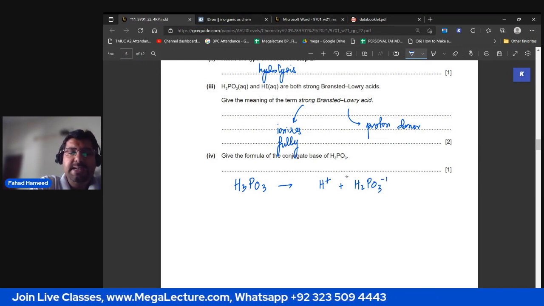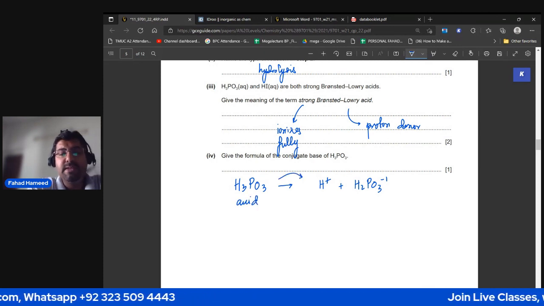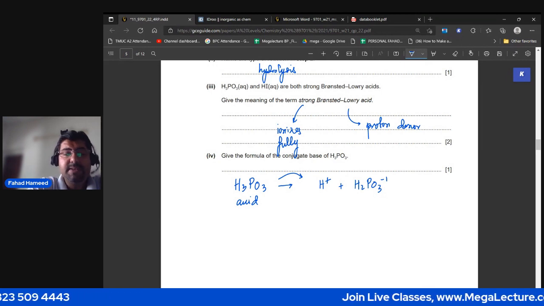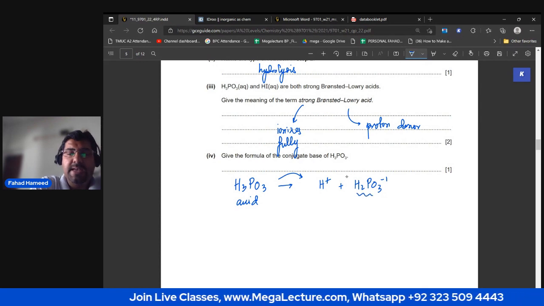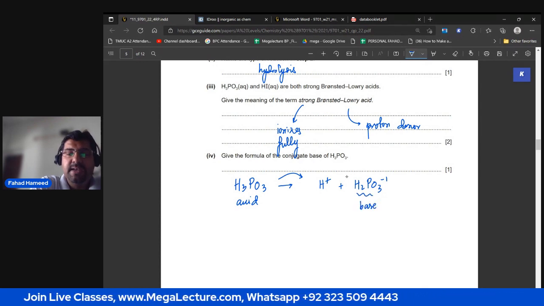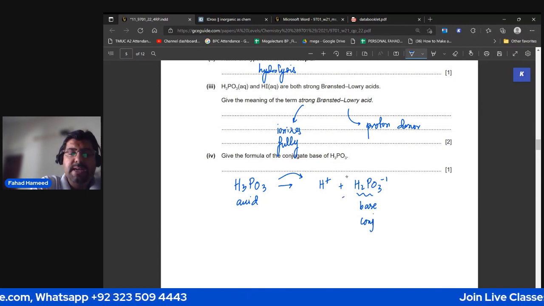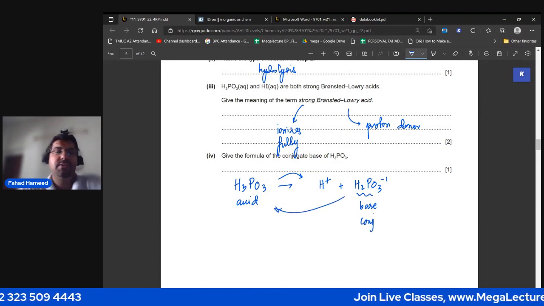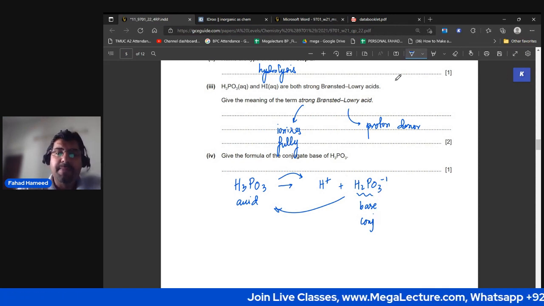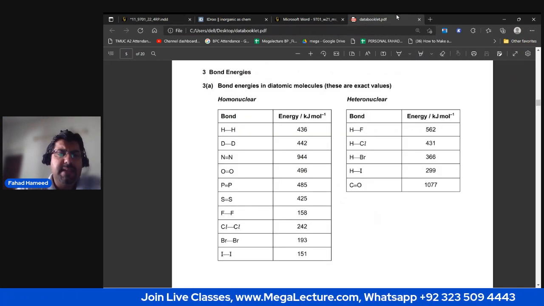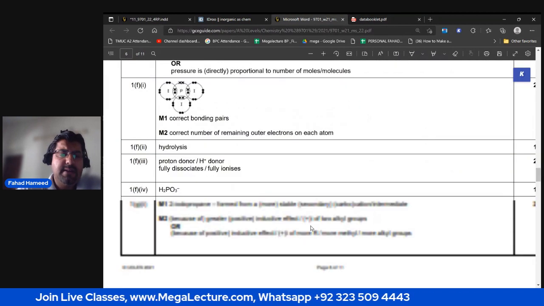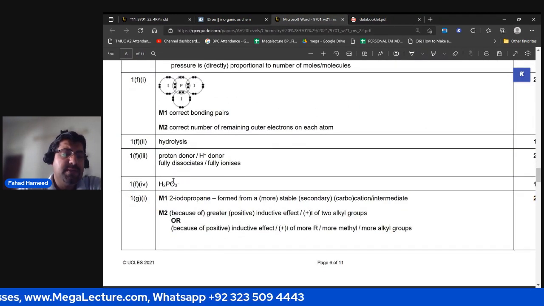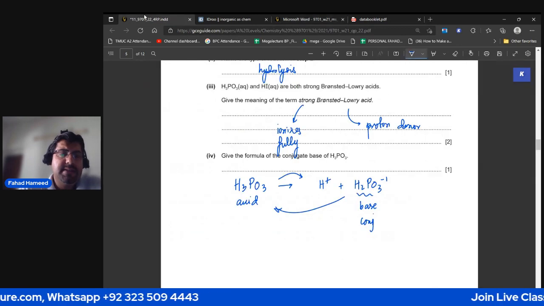This is acting as an acid because it's losing an H+ ion. In the reverse direction, it's going to gain an H+ ion. So this thing over here will be acting as the base in the reverse direction. That's known as a conjugate base. So it will gain those H+ ions back. That's your conjugate base in this case. It's H2PO3-. That's the conjugate base.